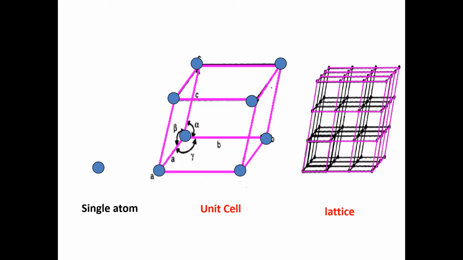It looks like a fence or a window material, fastened together, right? So this is the lattice. Basically you could see it like a grid. It looks like a grid, right?